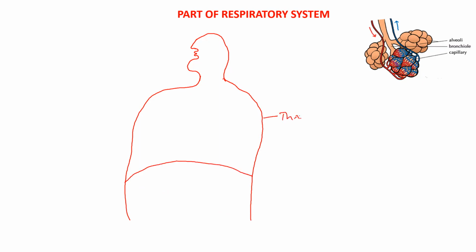The upper part of the human body is called the thoracic cavity and the lower part is called the abdominal cavity. And both parts are divided or separated by a muscle called the diaphragm. Understood? Okay. Now, oxygen enters through the nostrils.